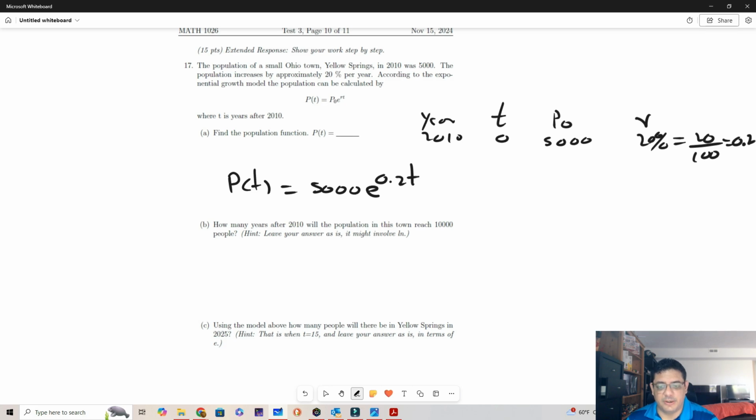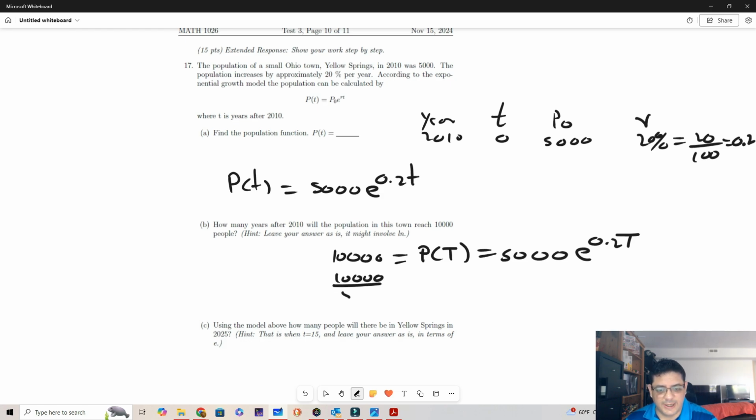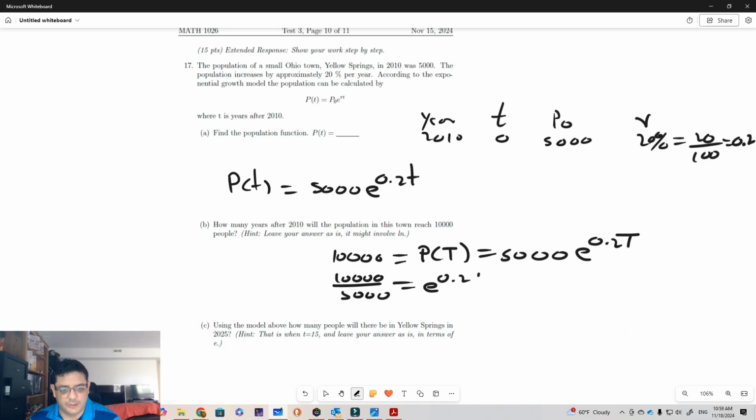Now on B, we want to know after how many years the population of this town will reach 10,000. So we have that 10,000 is P of a certain t, and that's going to be 5,000 e to the 0.2t. So this means that I divide 10,000 by 5,000, and this is going to be e to the 0.2t.